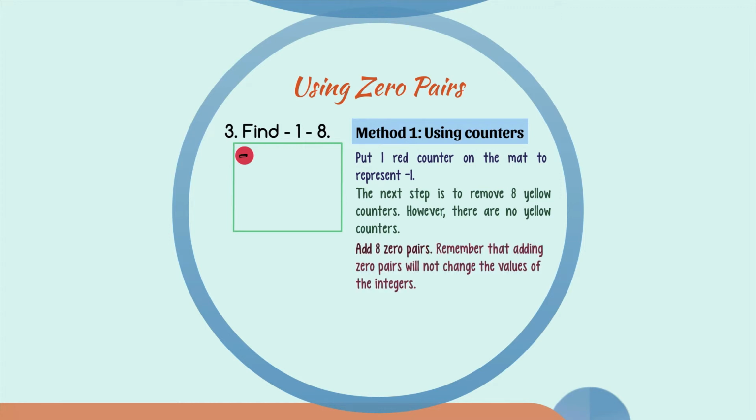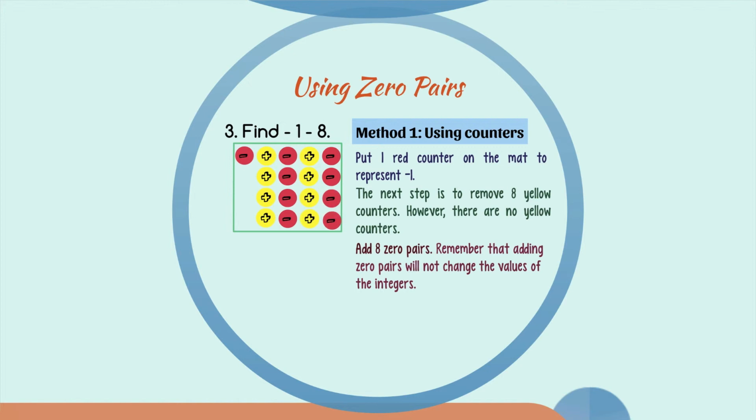This is where the concept of zero pairs comes in handy. Since we need to remove 8 yellow counters, we will add 8 zero pairs. Remember that adding zero pairs will not change the values of the integers because the value of each pair is 0. Let's count the zero pairs we will add. 1, 2, 3, 4, 5, 6, 7, and finally the 8th zero pair.